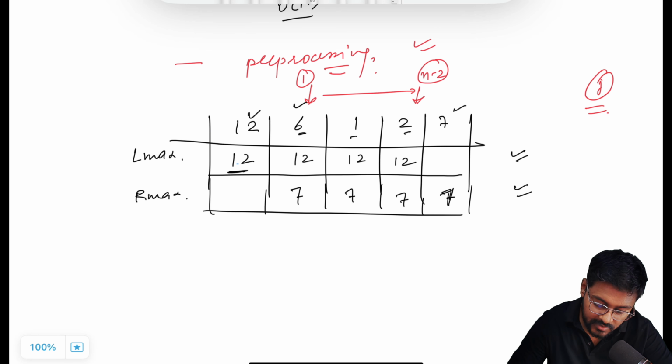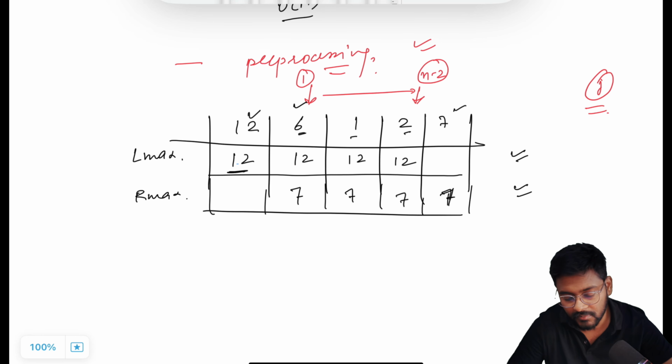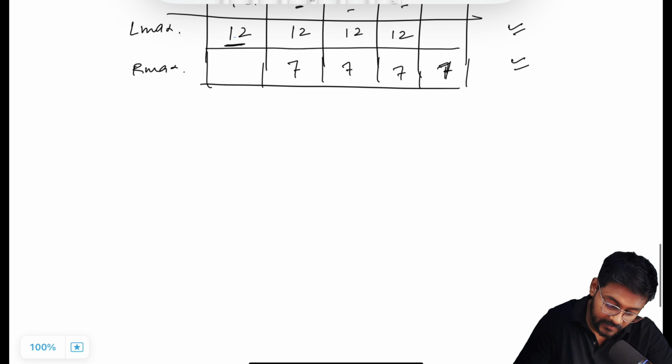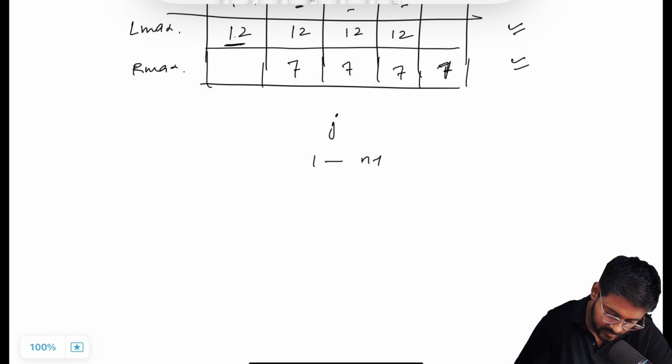So in this case, when I'm coming to 6, the left maximum is 12 and right maximum is 7. When I'm coming to 1, it is 12 and 7. In all the cases it is coming as same, but it won't be the case for all the other examples. So in this case, my j value will go from 1 to n minus 2.